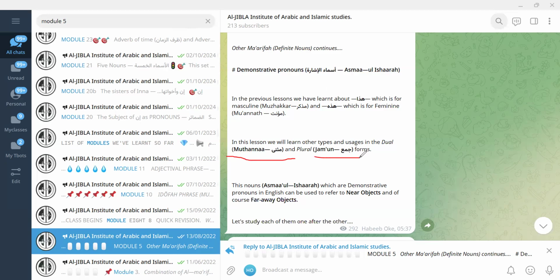All right, so al-asma'ul ishara, we know that we can use one to refer to near objects and the other to refer to far away objects. If that is understood, then we'll move on.